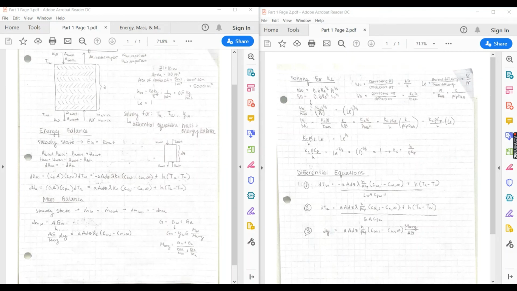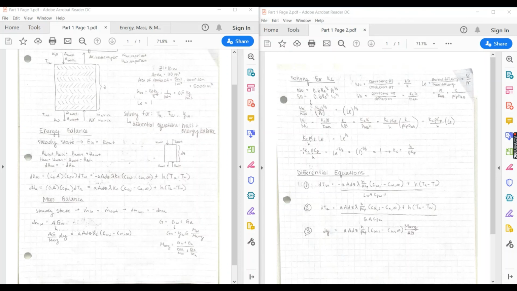So then we can take this Lewis number to the 1/3, and this term we have here, this k_c ρ Cp divided by h times the Lewis number, and set these equal to each other in order to solve for k_c. So when we set these equal to each other, we can put the Lewis numbers all on the same side of the equation.